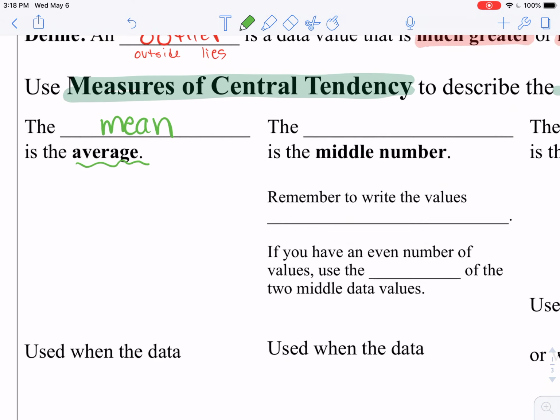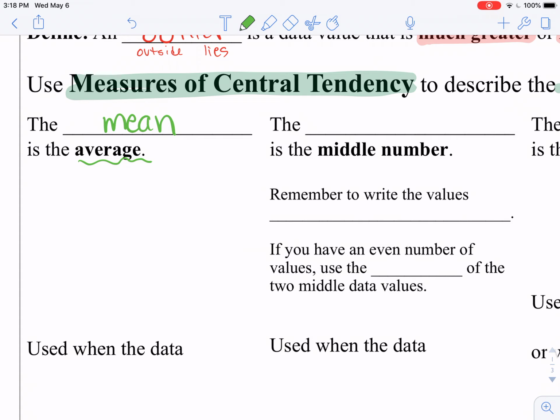And to find the average, we say that it is equal to, that's mu, it's Greek m, the sum of the data values divided by the number of data values.